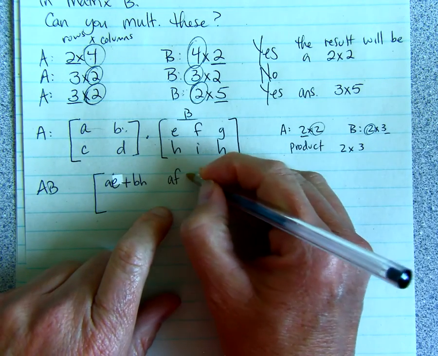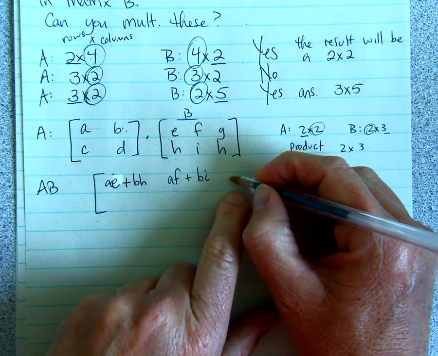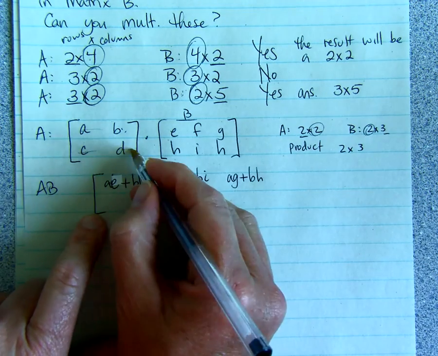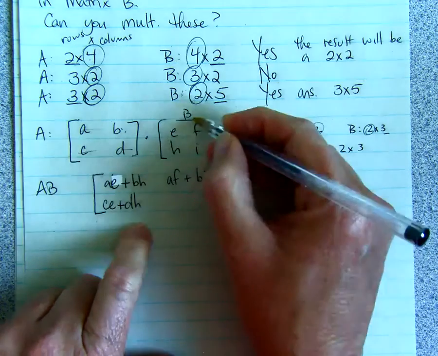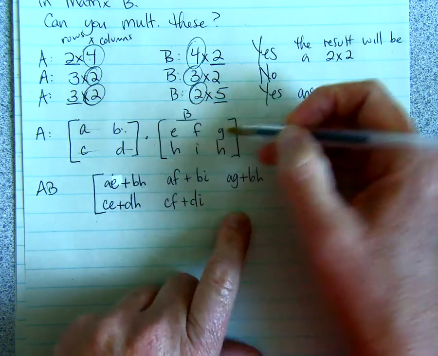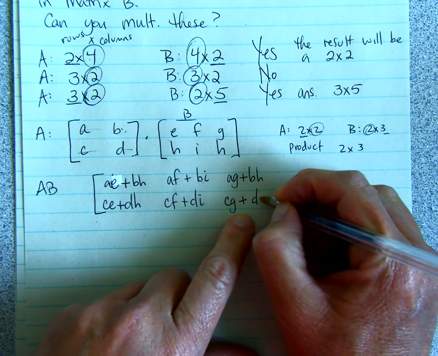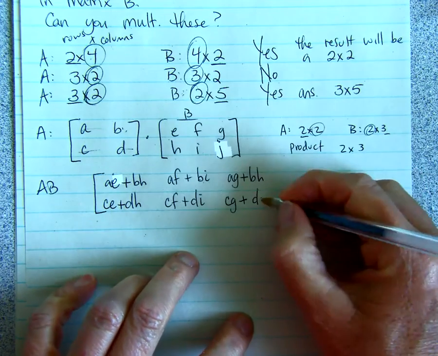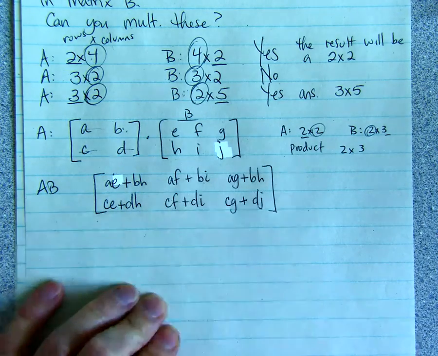So we have AF plus BI, and then the first row, third column is A times G plus B times J. Second row, first column, we do C times E plus D times H. Second row, second column, we do C times F plus D times I. Second row, third column, C times G plus D times, that should not be an H. This should be a J, so D times J. And we take the sum of each of those products, and that will be our numbers.